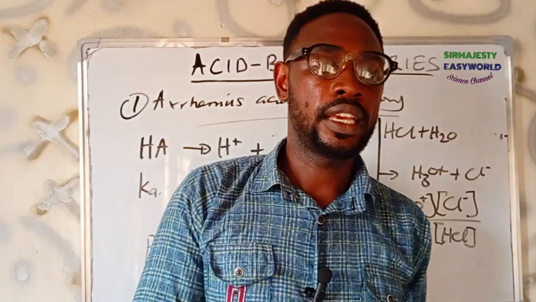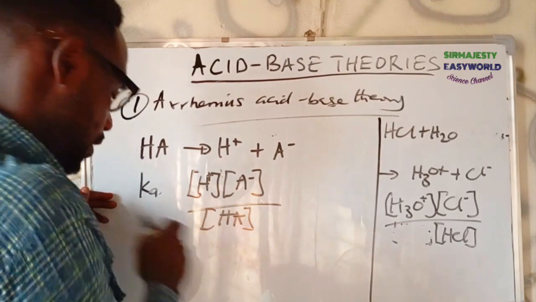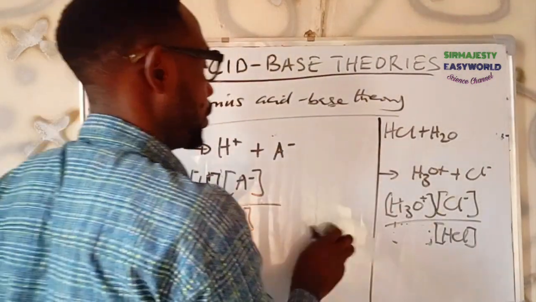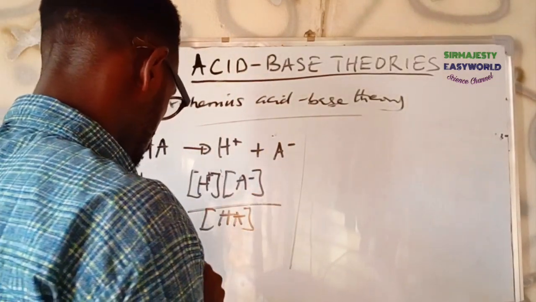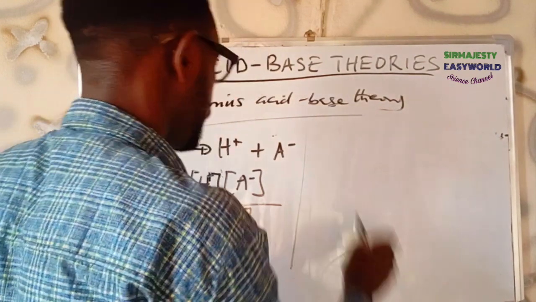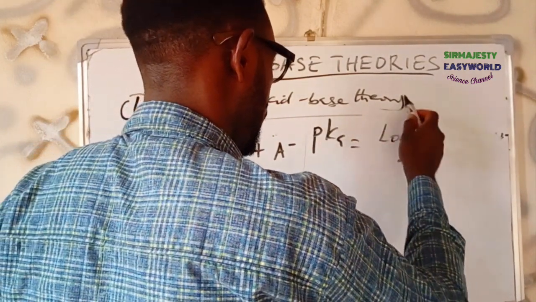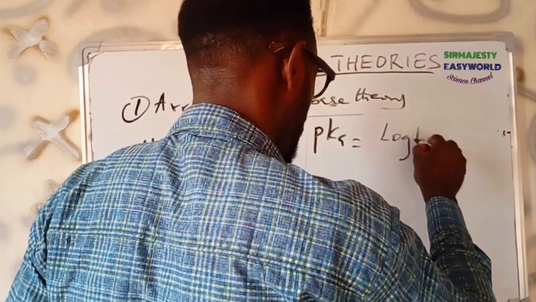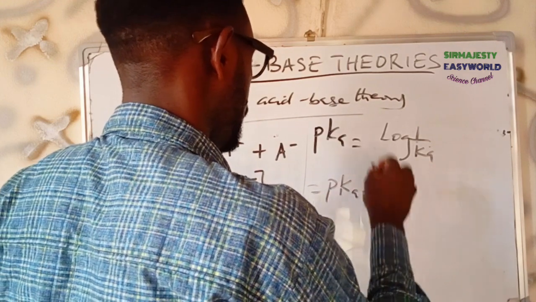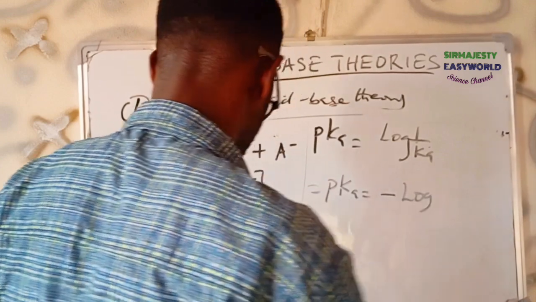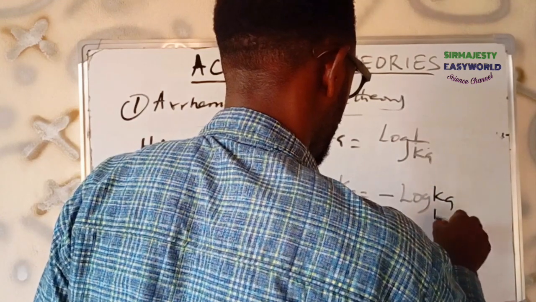That's why pKa is actually, if you have that this is our Ka, which is the dissociation constant of an acid, our pKa will now be the negative log of it. pKa will now be the log of the inverse of Ka, that is 1 over Ka, which also implies that pKa is equal to negative log of Ka to base 10.